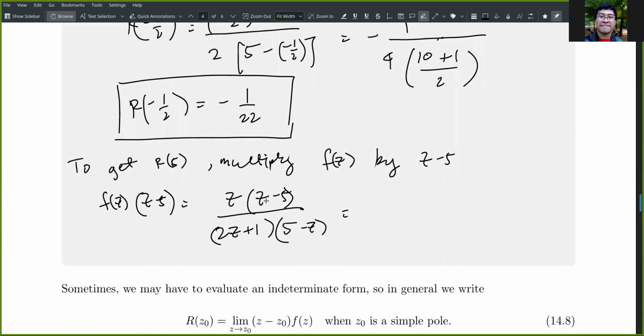Take note, there's z minus 5 here and 5 minus z. Divide them, you get negative 1. So you have negative z over 2z plus 1. Then r at 5 would be negative 5 divided by 2 times 5 plus 1. So 2 times 5 is 10, plus 1 is 11. So you have negative 5 over 11.